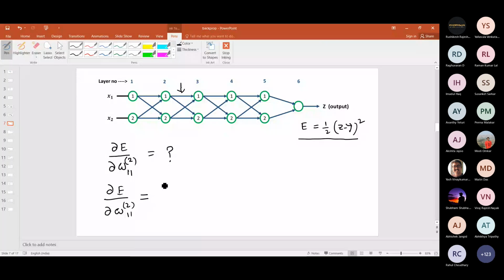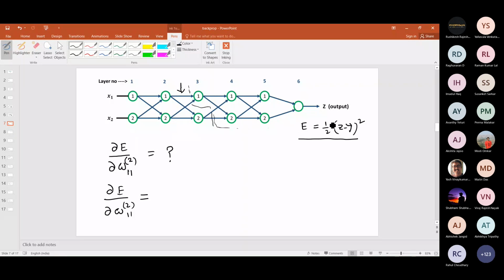So remember that E is a function of what? This neuron is taking some input, and the input involves this parameter W211, because from this particular neuron onwards, in every neuron in the network, everywhere, this parameter W211 is going to influence.